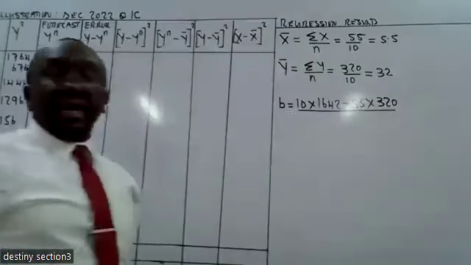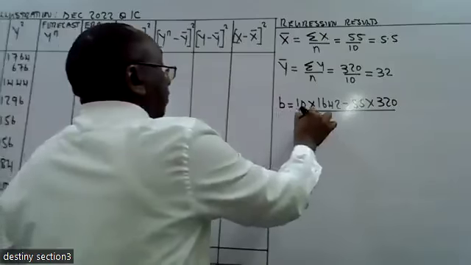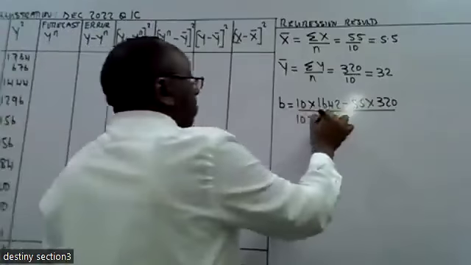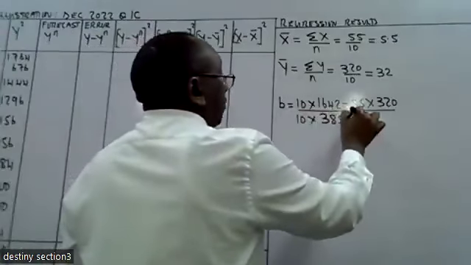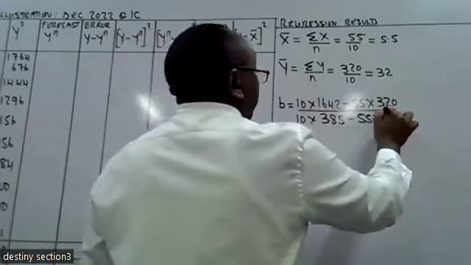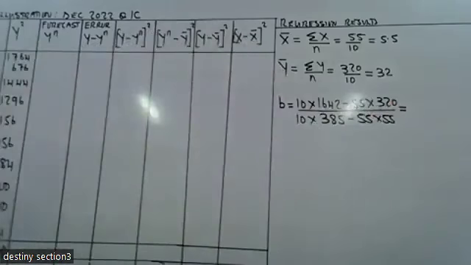You divide this by N, which is 10, multiplied by sum of X squared, that is 385, minus the square of sum of X, so it is 55 times 55. So let's solve for that.